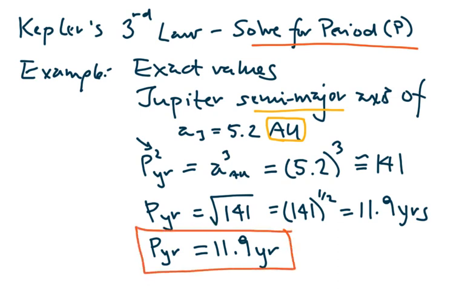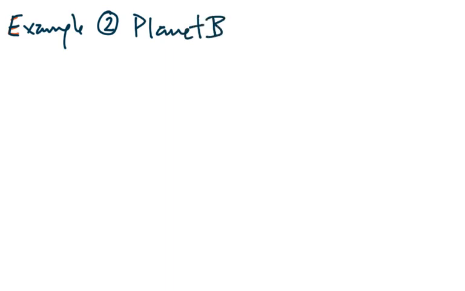Alright, so that was an example with exact values, and next we'll do an example in which we have a ratio. So for example 2, we'll have a planet B that has a semi-major axis, A of planet B, that is 3 times the semi-major axis of planet A. And we're interested in understanding what then is the ratio of orbital periods.